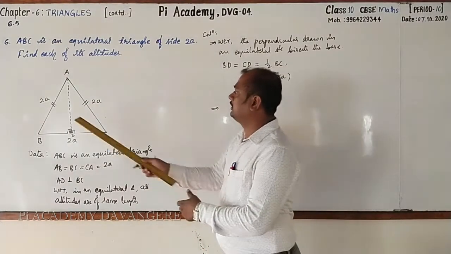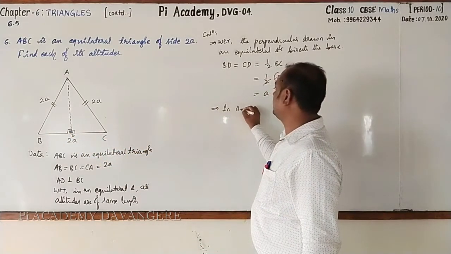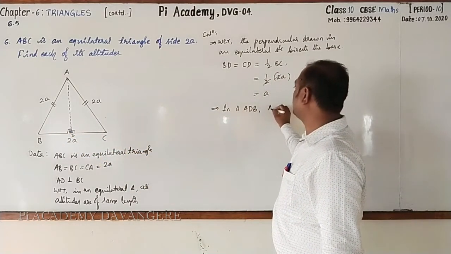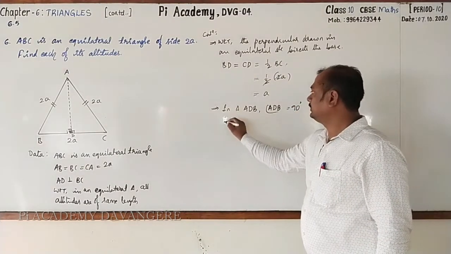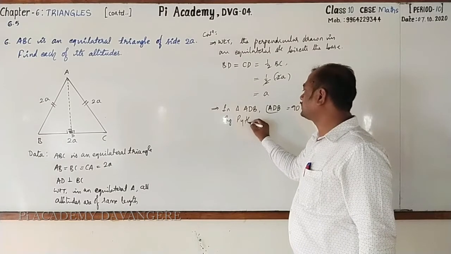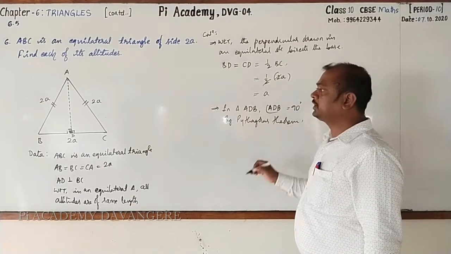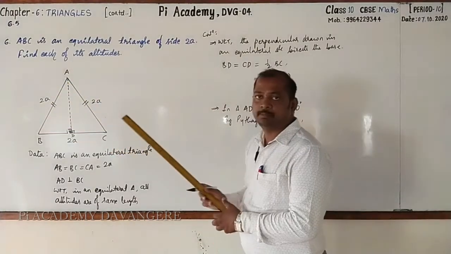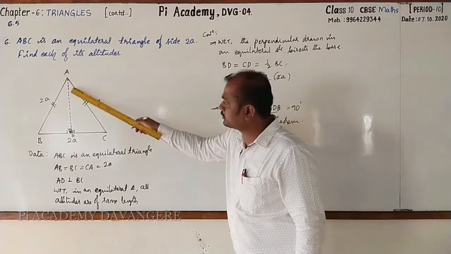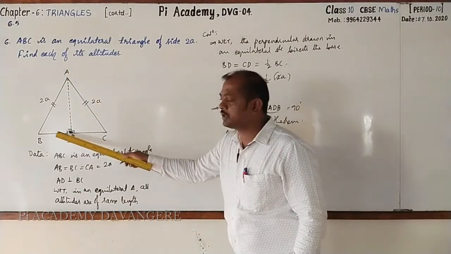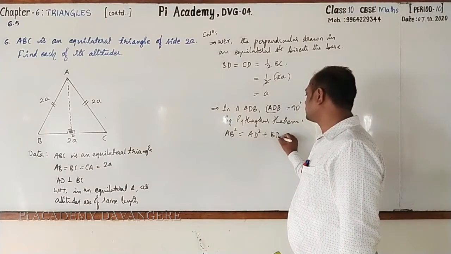Let's start writing it. I take the triangle ADB. In triangle ADB, angle ADB equal to 90 degrees. Then, by Pythagoras theorem, we can write the square of the hypotenuse, that is AB square, is equal to the sum of squares of the other two sides, AD square plus BD square.